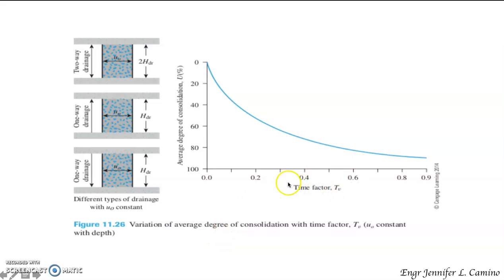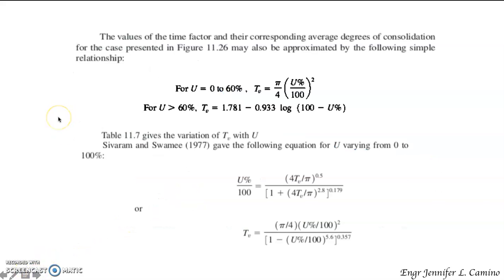You have the time factor versus the average degree of consolidation. The values of the time factor and the corresponding average degrees of consolidation for the case presented in 11.26 were approximated by the following simple relationship, as presented on figure 11.26.